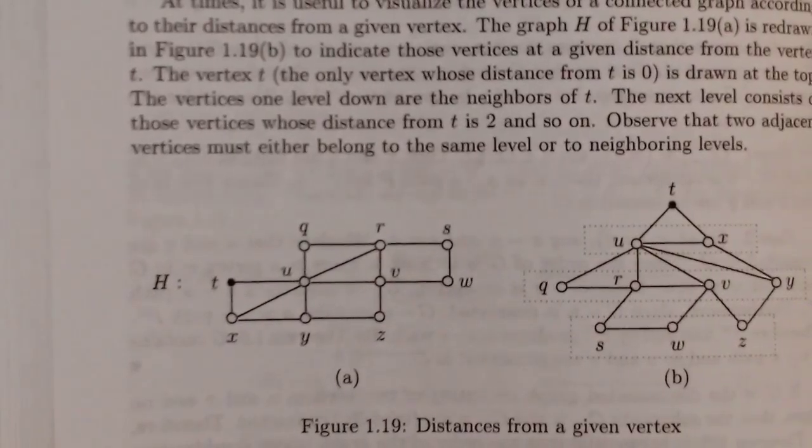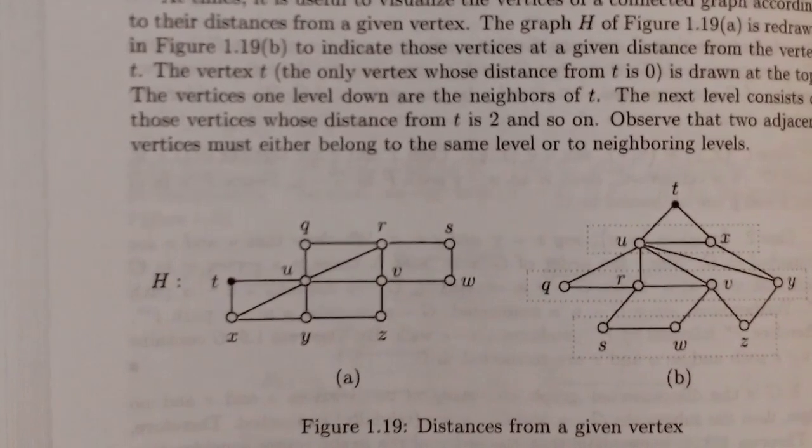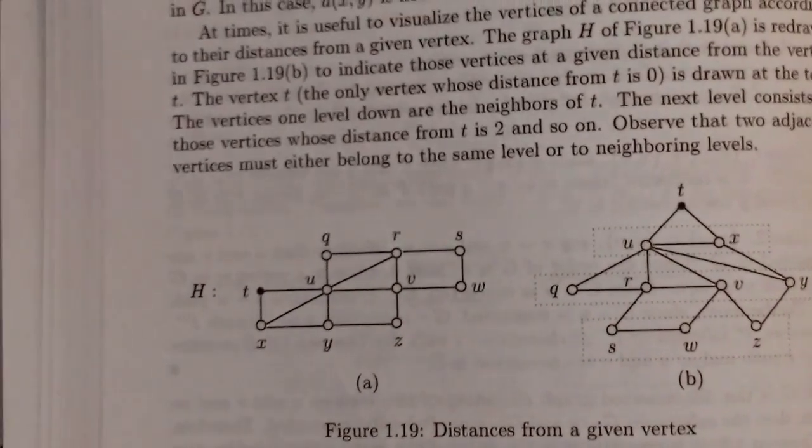The greatest possible smallest distance is called the diameter of a graph.